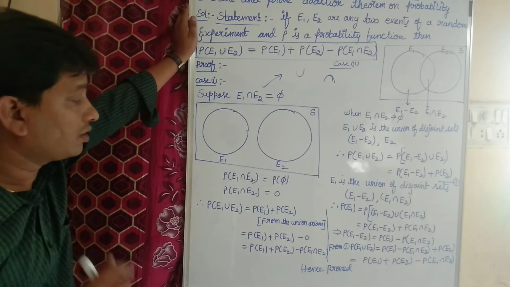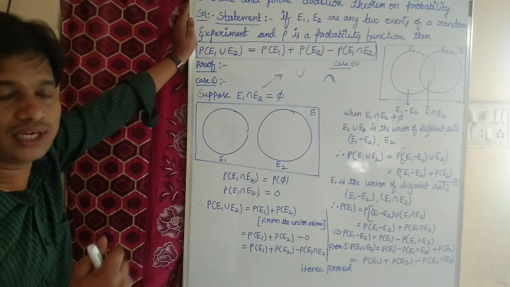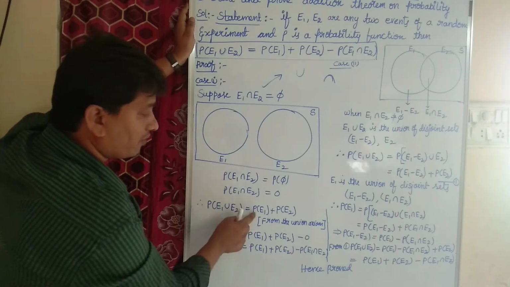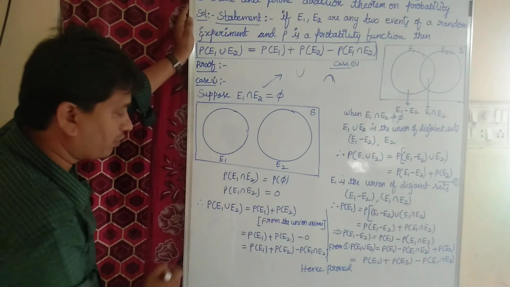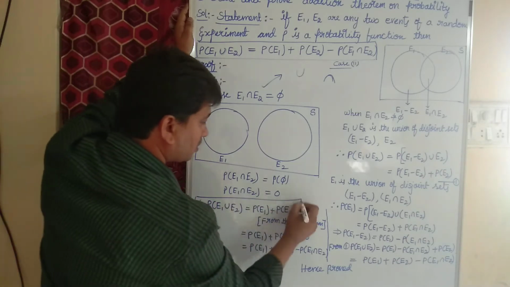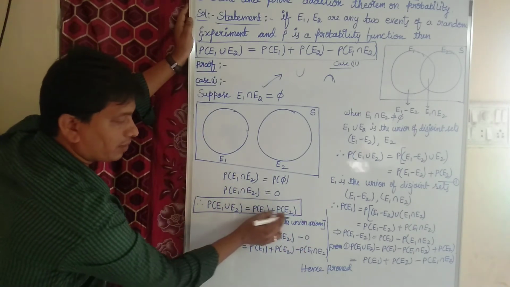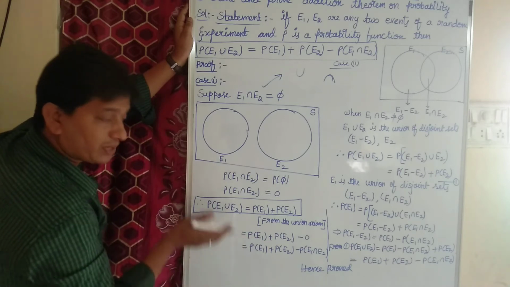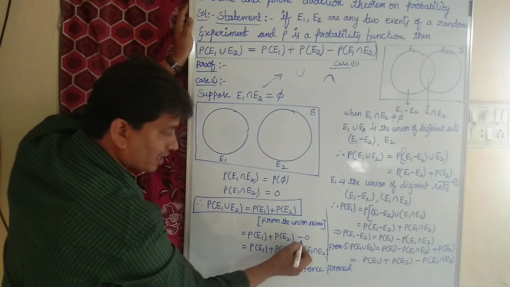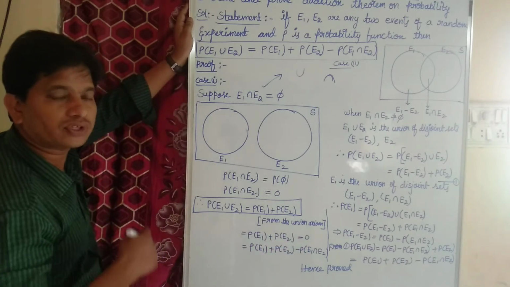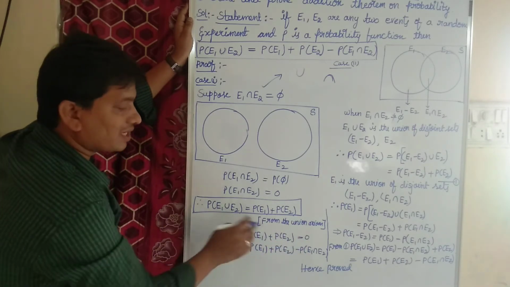Children, what is the union axiom? Union axiom is P of E1 union E2 equal to P of E1 plus P of E2. This you have to remember. So as per our convenience, I can write P of E1 plus P of E2 minus 0. If you subtract 0 from anything, you will get the same thing.